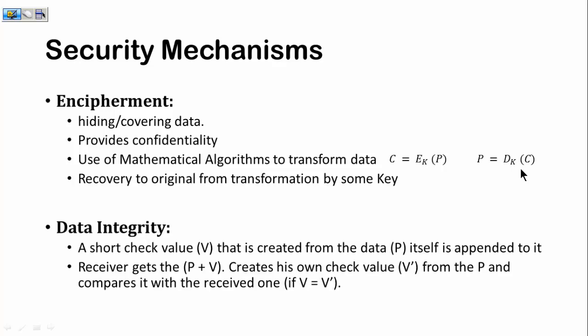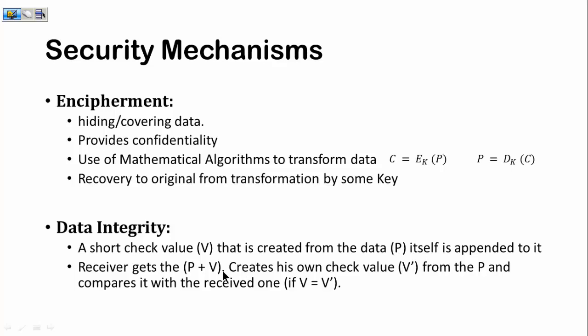Then data integrity. In order to maintain the data integrity, you not only pass on the data to the receiver, but also you calculate certain mathematical values based on the data that you are passing on, which are called checksum values. And this checksum value, which is represented by V, and the plaintext P, both have to be sent to the receiver.